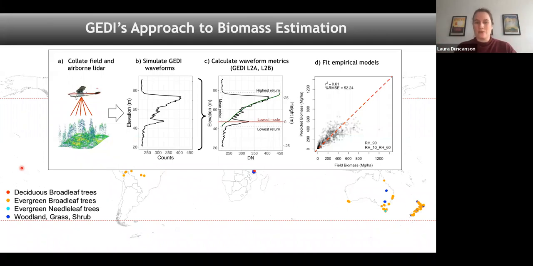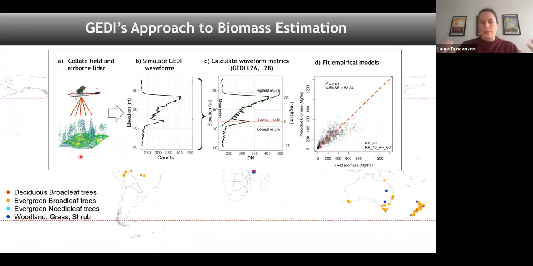So it's a bit different from the elevation and the height data because those are extracted as essentially measurements from the waveform, whereas biomass is empirically derived. So way back at the beginning of this mission, when we were trying to figure out how we were going to produce biomass estimates, we realized that, of course, you need to calibrate biomass somehow, so you need actual field data.